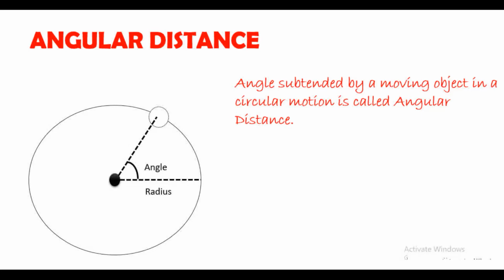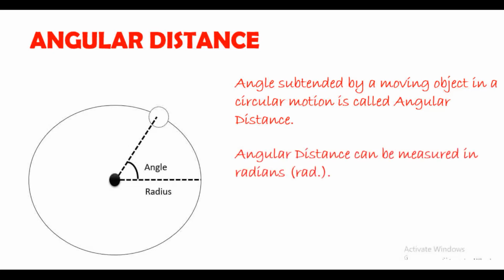So angle subtended by a moving object in circular motion is called angular distance, and it can be measured in radians. Here 1 radian is approximately 57.3 degrees, equal to 2 pi divided by 360 degrees in reverse, and the value goes on.